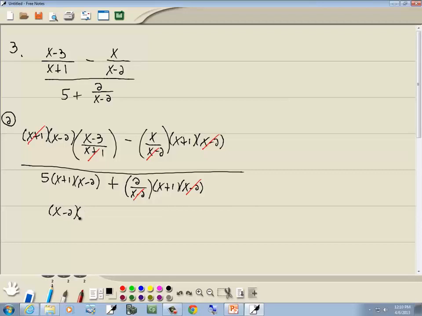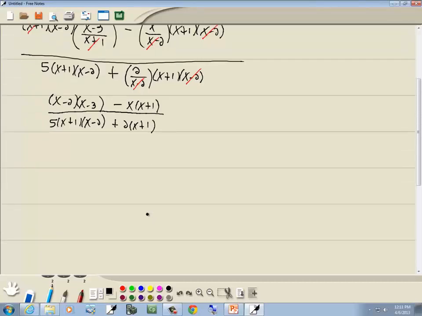So x minus 2, x minus 3, minus x times x plus 1, over 5 times x plus 1 times x minus 2, plus 2 times x plus 1. Well, up on top here, x times x is x squared. X times negative 3 is negative 3x. Negative 2 times x is negative 2x.